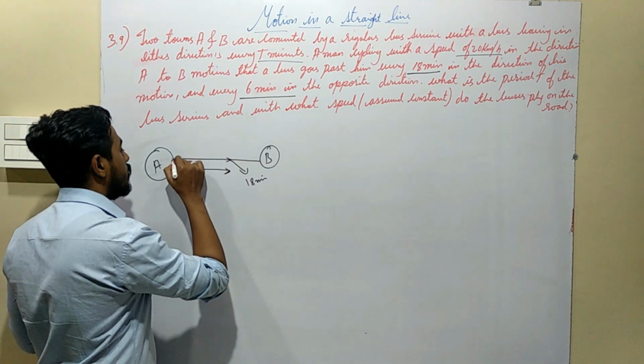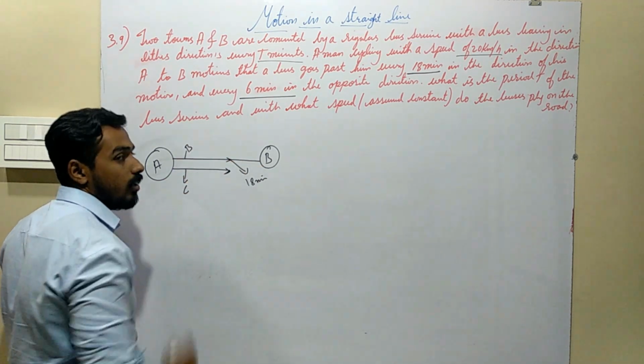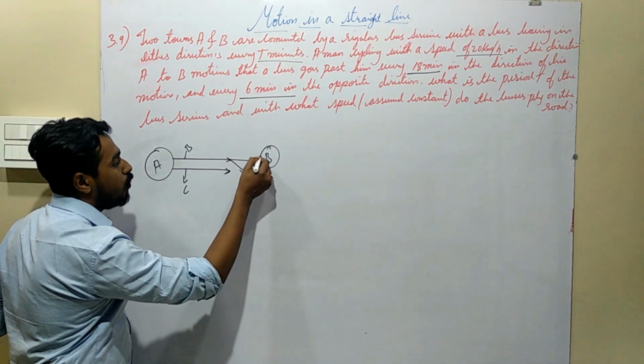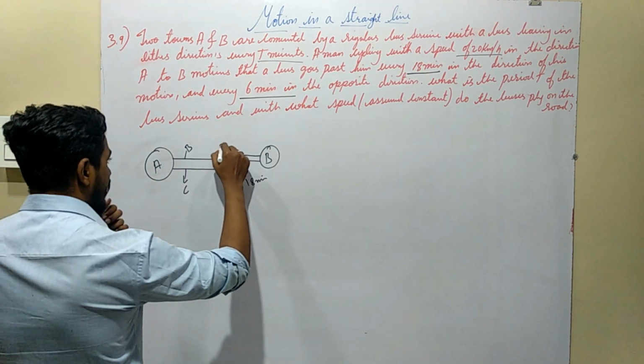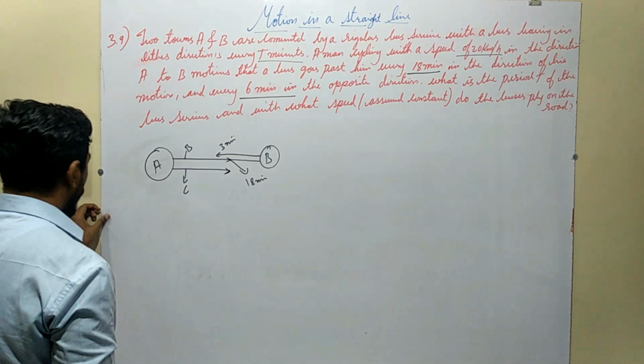This is the bus and this is the cyclist. And again it is moving in the opposite direction every 6 minutes.